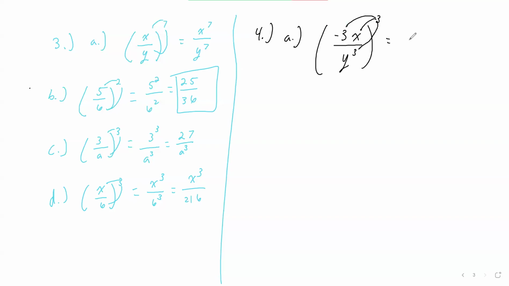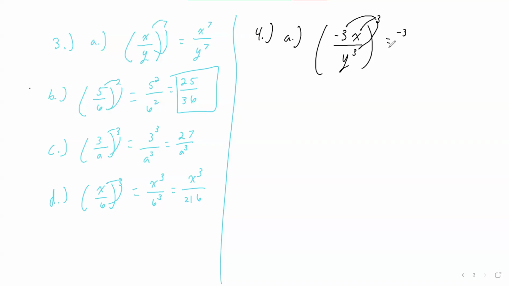Very good. So this is still a power raised to a power, so you'd want to multiply. So ultimately, what's the answer look like right now? What am I going to do with this negative 3?